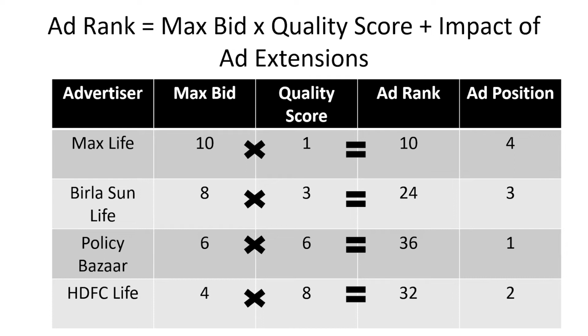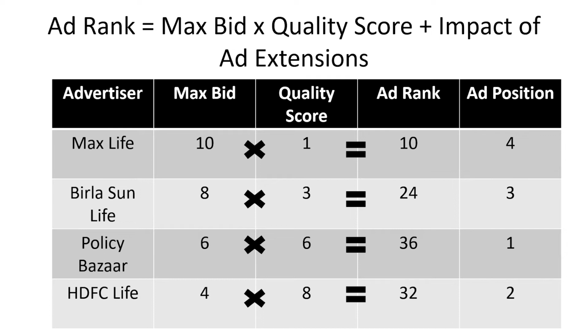The quality score consists of multiple parameters, but a few of the most widely used metrics as part of quality score would be the click-through rate, which means the percentage of users who are clicking on your ad, and the landing page speed or efficiency of the landing page: how fast does the landing page load, what is the quality of the landing page, and so on. So these are two of the factors that are used in quality score.